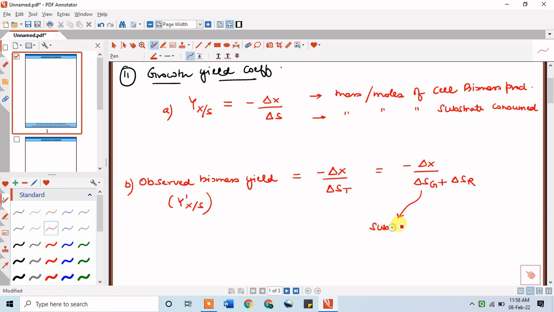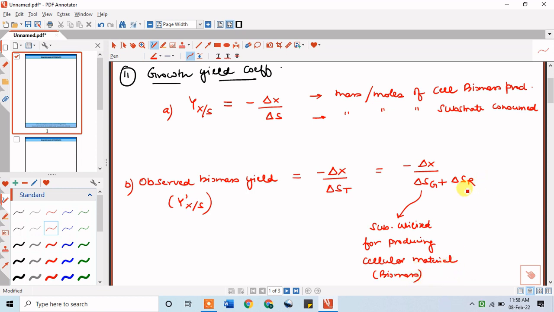So substrate utilized for producing or developing cellular material. And what is this cellular material? It is just the biomass actually. यही है बायोमास जो बनाने के लिए सबस्ट्रेट इस्तेमाल हो रहा है.